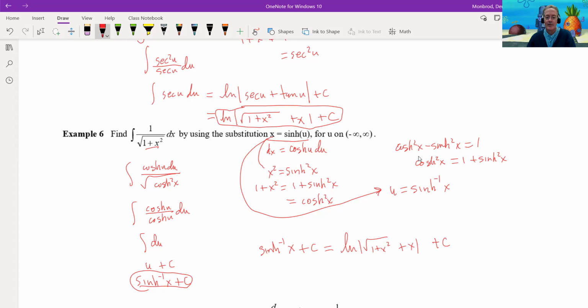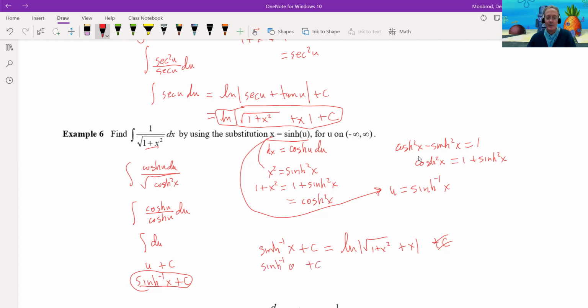Now, the whole point here is that we don't need the two constants. We can lump them together. They're just unknowns anyway. And so I'll remove that one. But the point is, I still want to know what is C, if this is going to be true. Is it some number other than 0? Is it a 1? What is it? Well, we can use our minimal knowledge that we have.